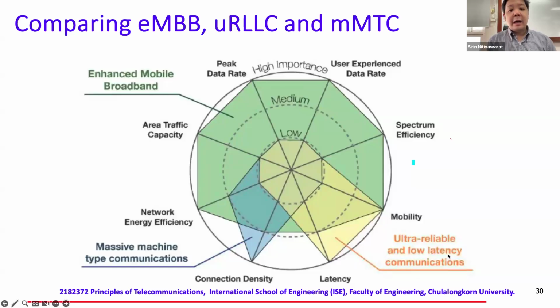And of course, URLLC focuses on latency and availability, one proxy of which is to support high mobility users, in some applications like autonomous vehicles moving at very high speed. mMTC's primary focus is on connection density. You can achieve very high connection density because you can trade it off against other metrics.